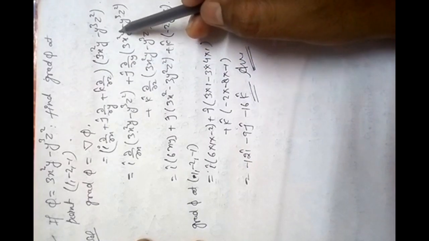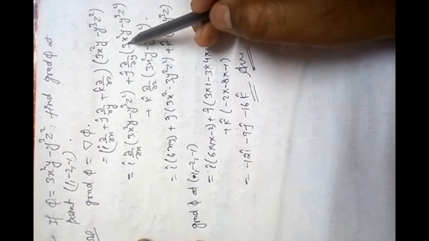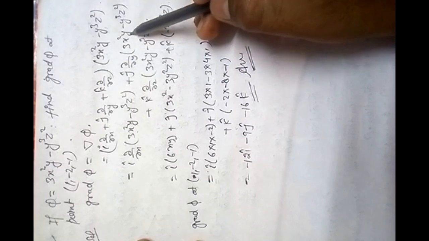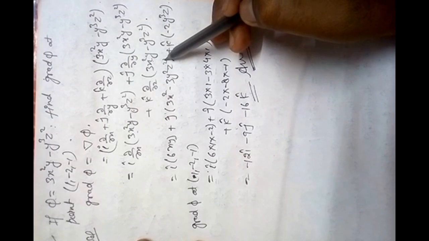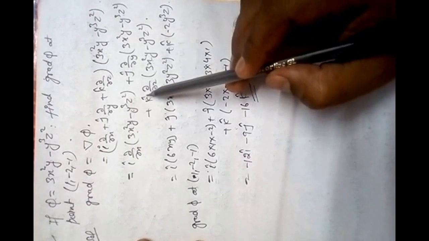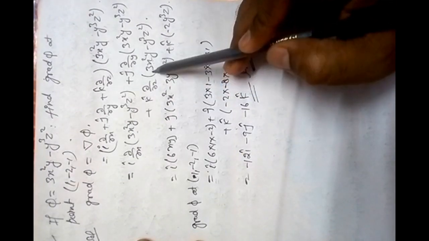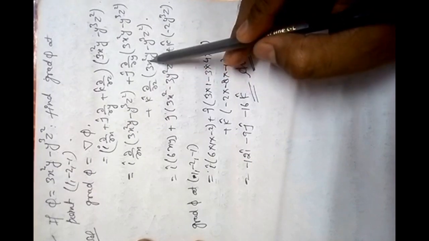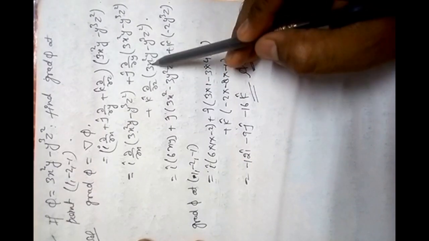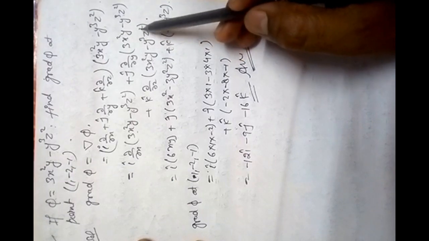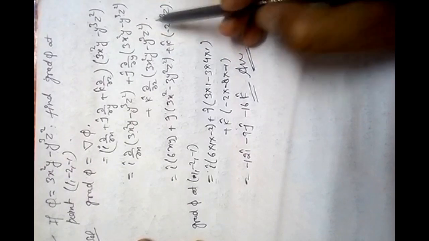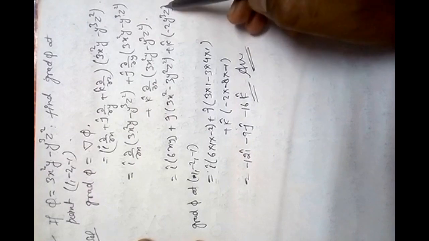Here the differentiation of y is 1, so 3x square minus 3y square z square, and k, differentiate with respect to z, so here 0 minus y cube into 2z power 2 minus 1, that means minus 2 y cube z.